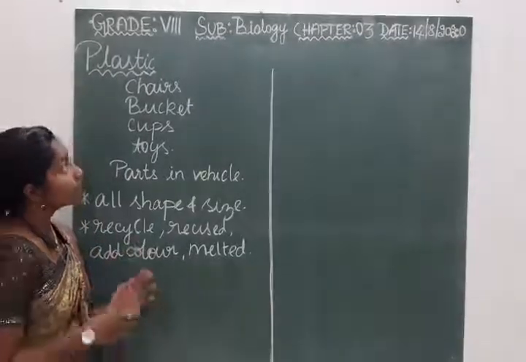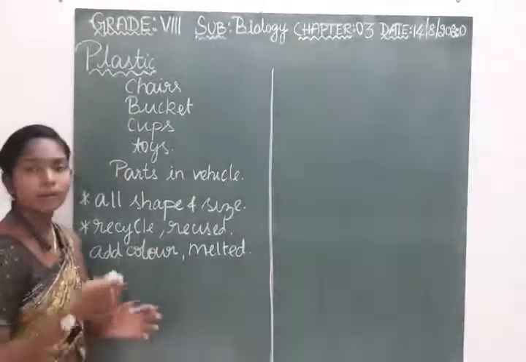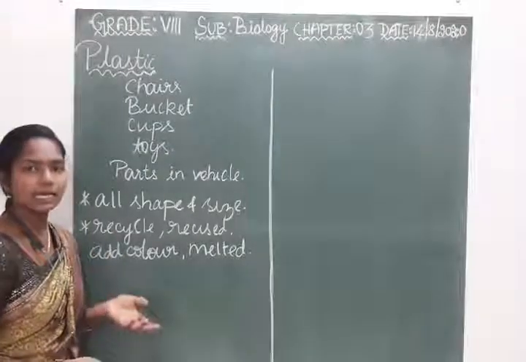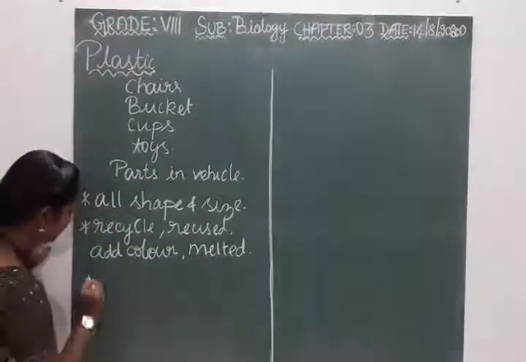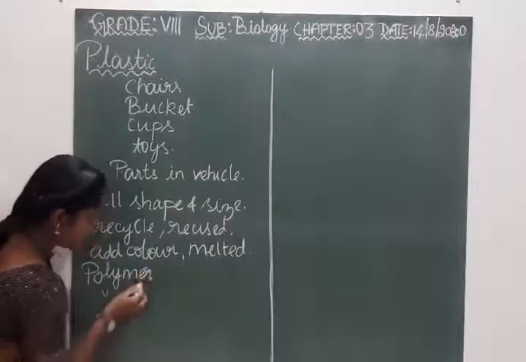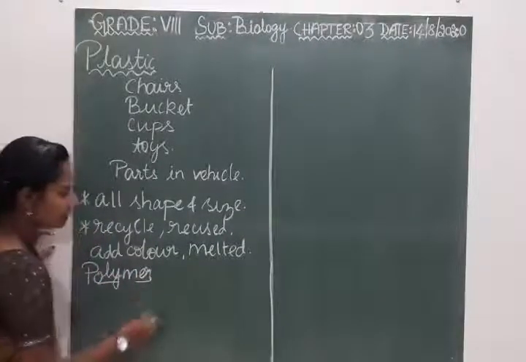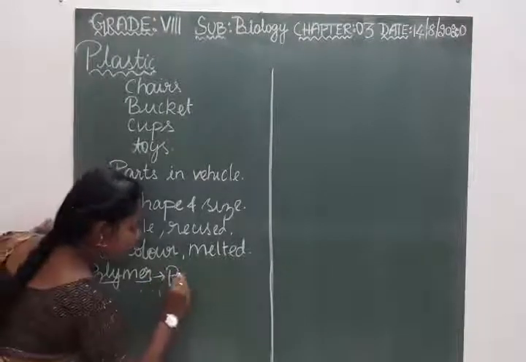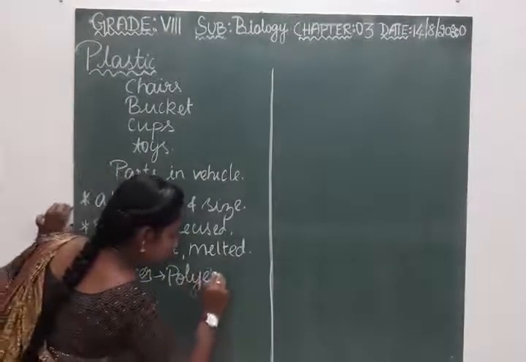Okay. So plastic is also a polymer. Just as synthetic fibers are polymers, plastics are also polymers. You know the meaning of polymer, right? Poly means many and mer means unit. It is made up of many units. As an example, polythene.